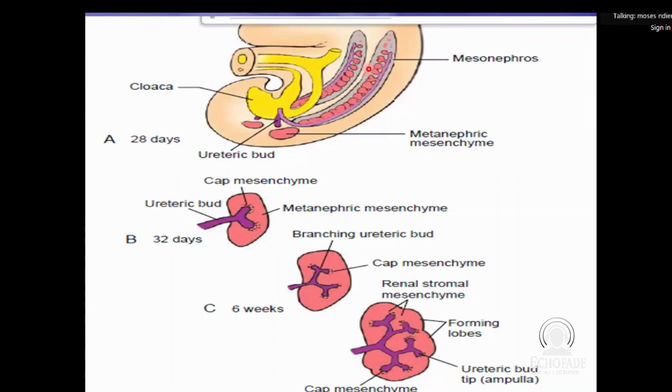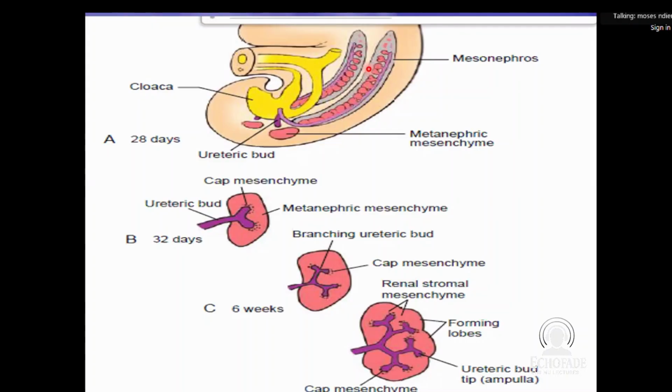The sclerotome forms the vertebral column. Lateral to that paraxial mesoderm, we have the intermediate mesoderm on either side of the vertebral column. So that intermediate mesoderm extends from the cervical region all the way to the sacral region.